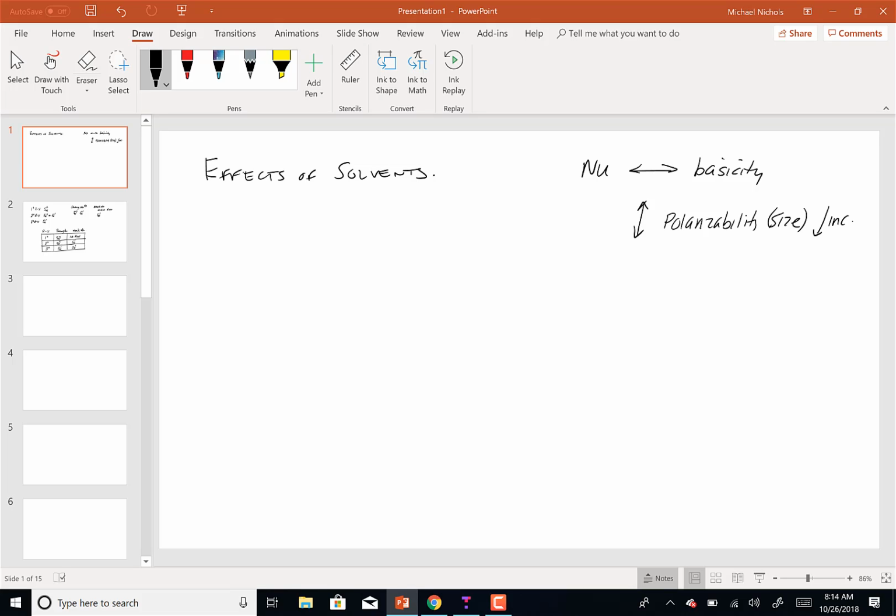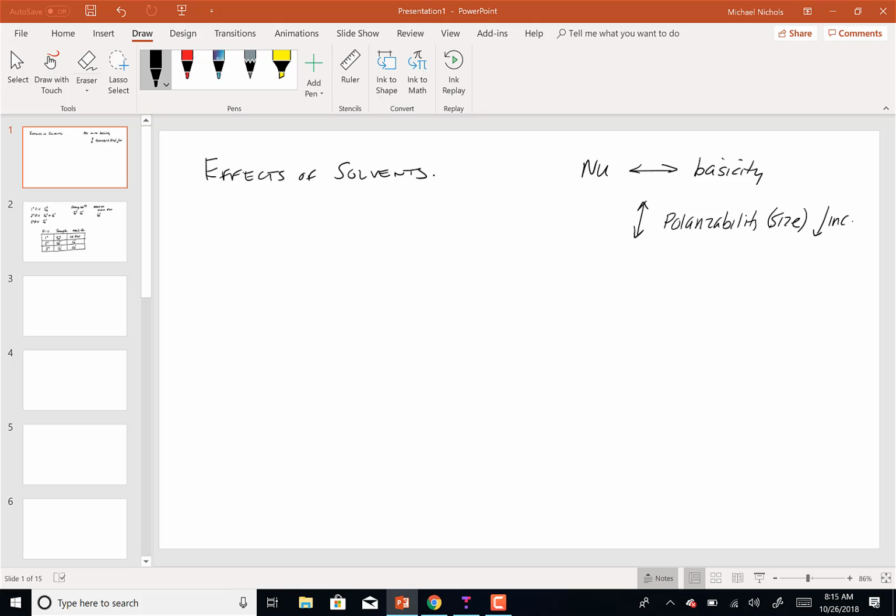Stronger? Do we agree with that? I don't see many heads shaking either direction. Stronger base, stronger nucleophile? Yes.